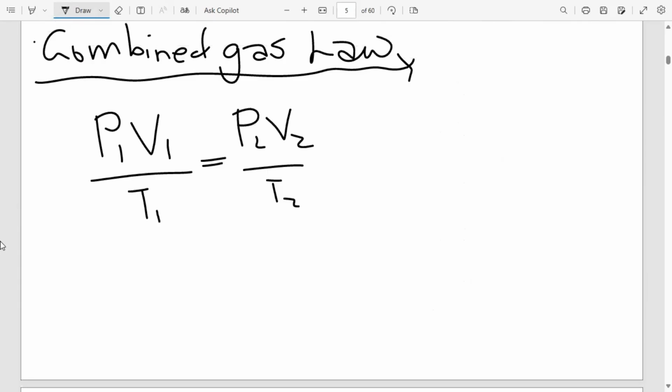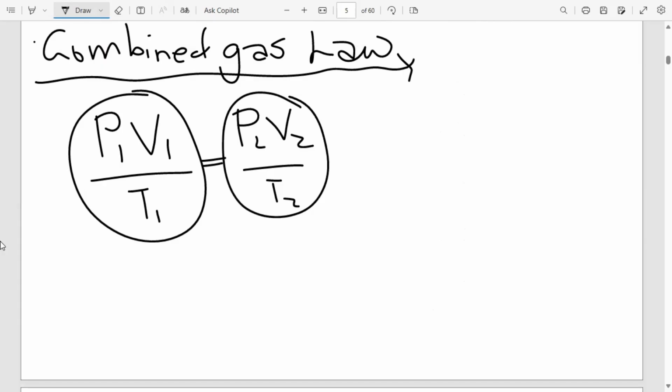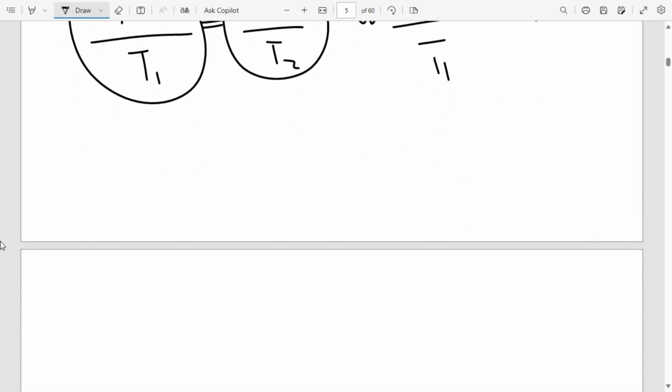So from this combined gas equation, what can we notice? We can also notice that the two sides of the equation should be directly proportional, which means I can also write this as P1 V1 over T1 equal to a constant.